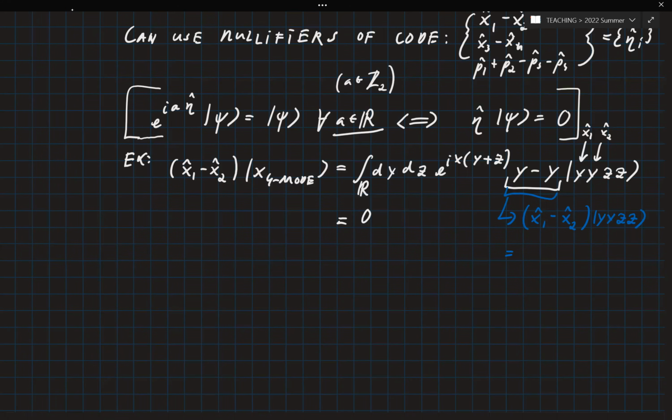And now that equals, x1 can alternatively be thought of as x tensor identity tensor. Here, for the computer scientist, this will make you happy. And x2 can be thought of as identity tensor x tensor identity tensor identity.